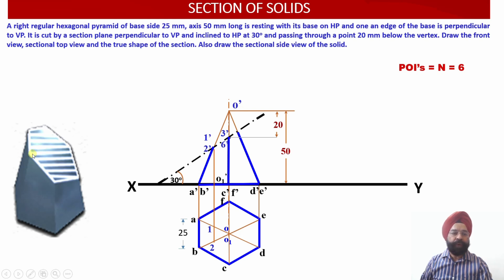You can see 3 dash and 6 dash are projected downwards, but they are not intersecting anywhere with OF or OC. So, similar to the way we projected the points lying on the axis in the case of a cone, the same procedure will be followed over here.